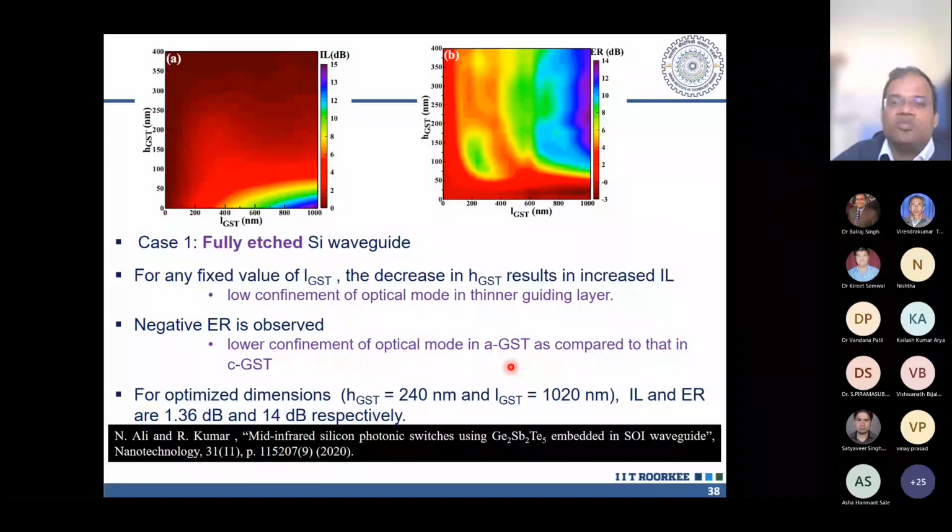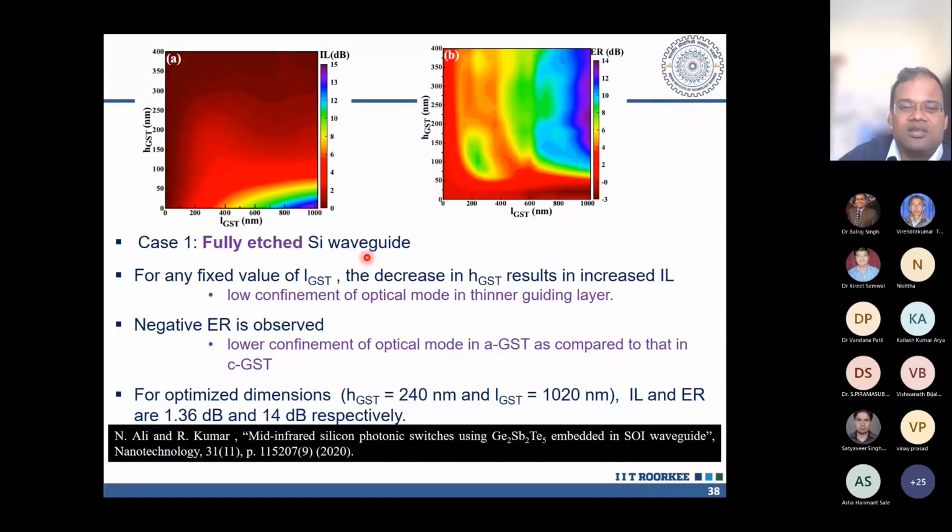In the case of fully etched, we ran the simulations again and found that we can have a low insertion loss, but the 14 dB extinction ratio is something we don't prefer. This is okay, but we can do better. Here you will also see we observe a negative extinction ratio. This means there is more light transmission in the crystalline case, which is peculiar.